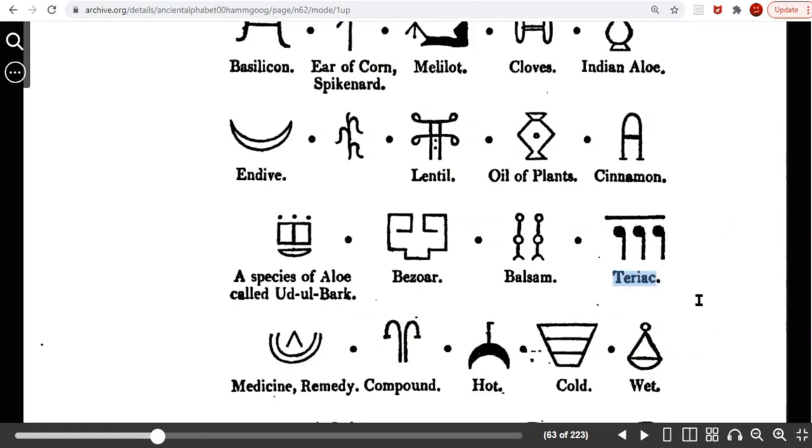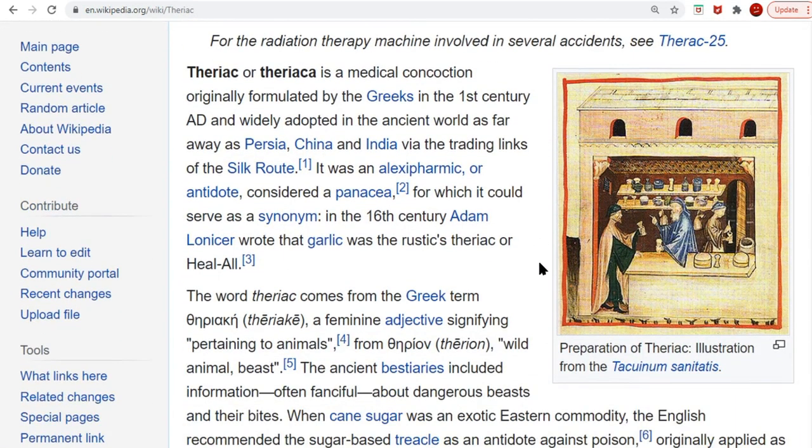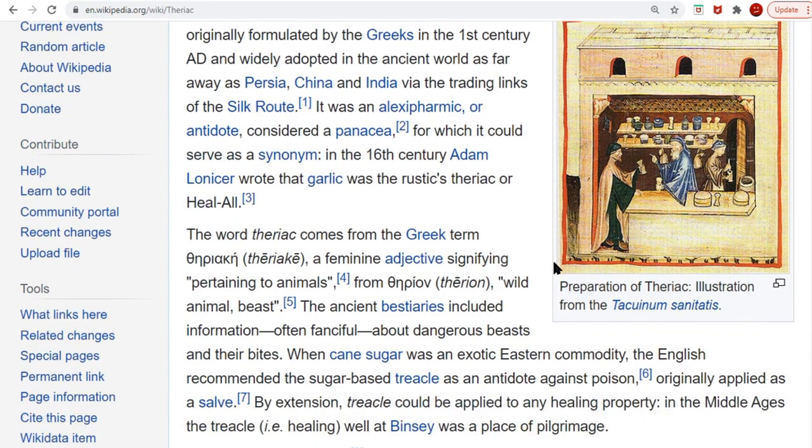A theriac, it kind of looks like the 666 upside down. And this is all in plants and oils. And not even upside down, but it looks like the Hebrew vav vav vav, like Monster Drink, 666. But it's actually an ancient word for medicine, and they mixed many, many different things, but it was mainly named for the garlic.